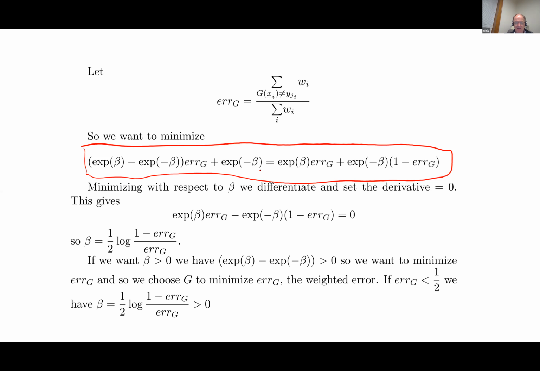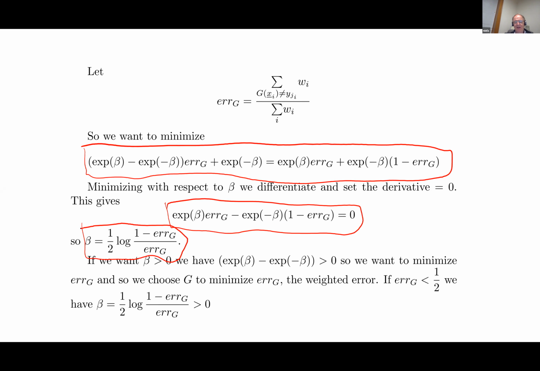So first, to minimize with respect to beta, I just differentiate and put the derivative equal to 0. If I do that, take this expression here, differentiate with respect to beta, I get this equation here. And you can see now that if I solve this equation for beta, that gives me precisely this value for beta. So that's how that beta came about.